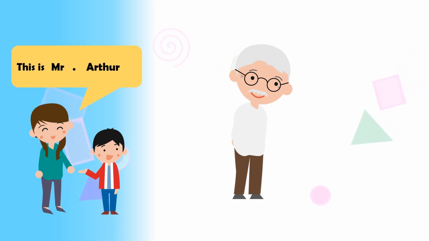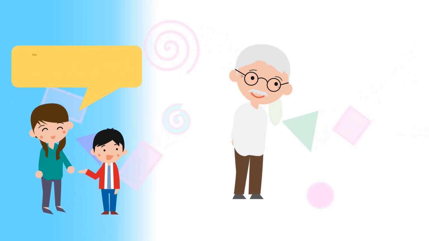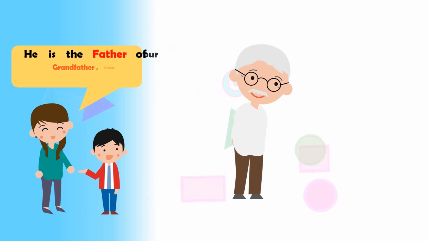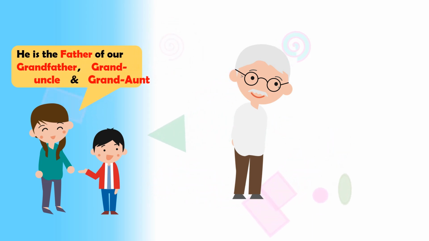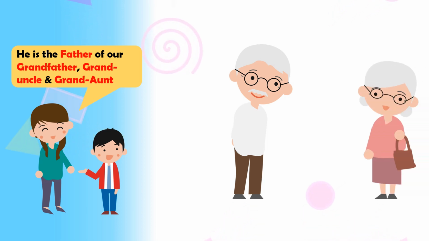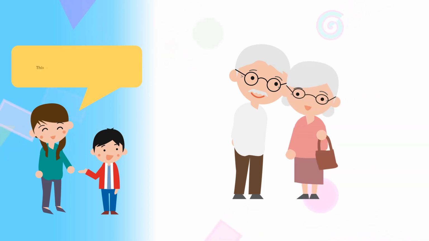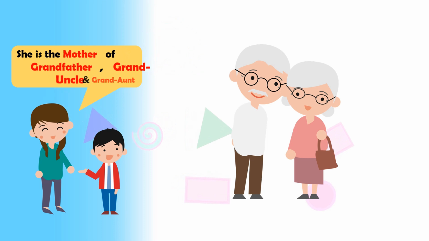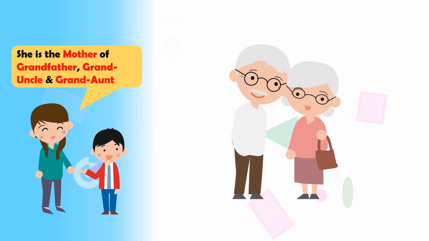This is Mr. Arthur. He is the father of our grandfather, granduncle and grand-aunt. This is Mrs. Agatha. She is the mother of grandfather, granduncle and grand-aunt.